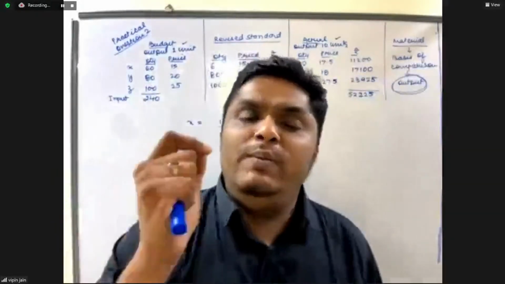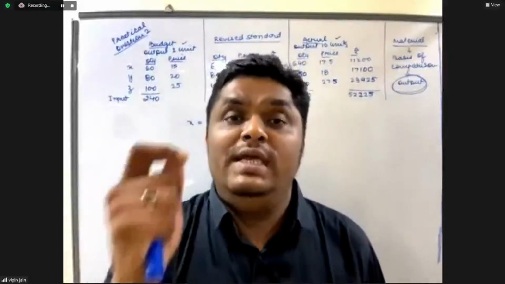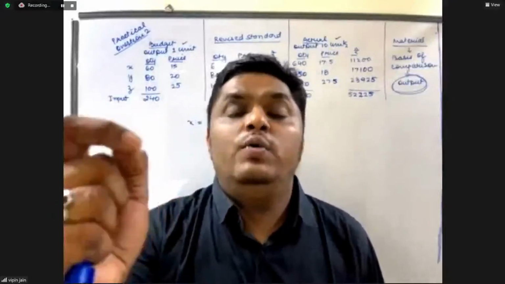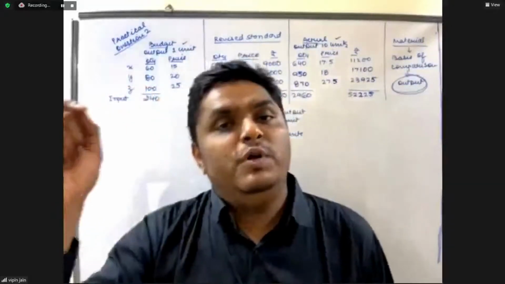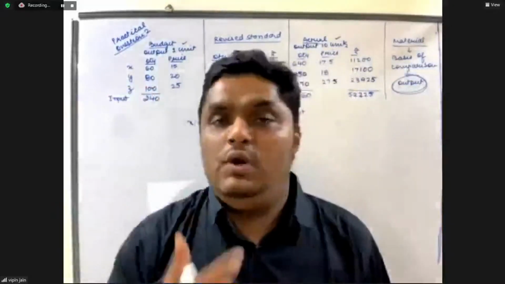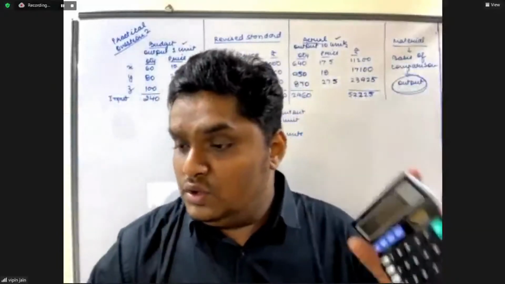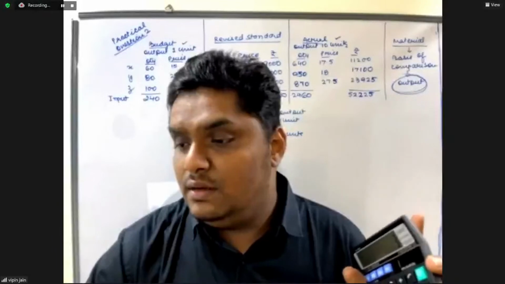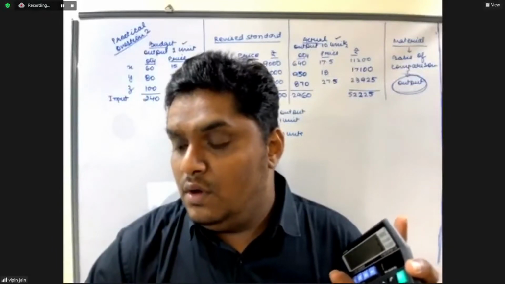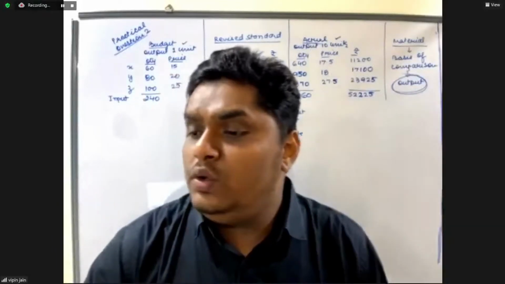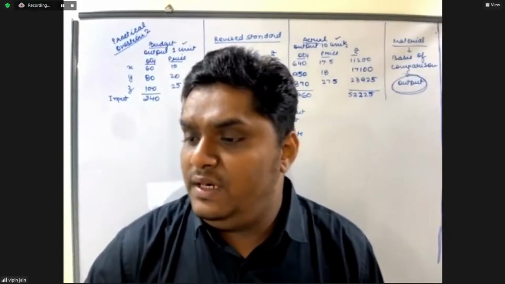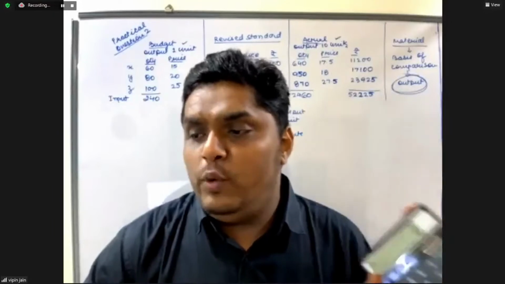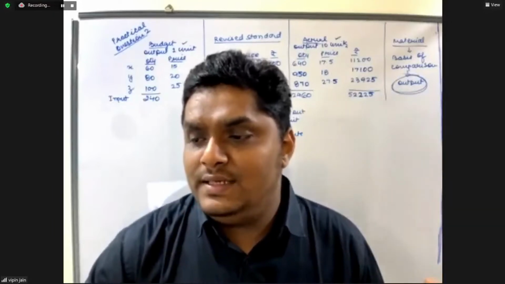So very important, before starting the question, the first thing you should see is the output: how much is the budgeted output given and how much is the actual output given. So I hope the students who have posted wrong answers, your queries are resolved.